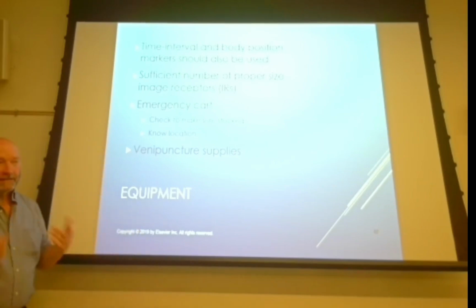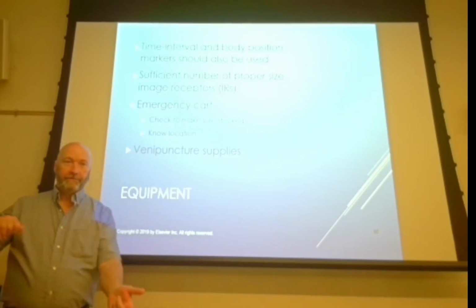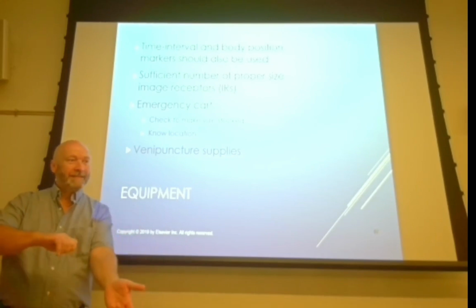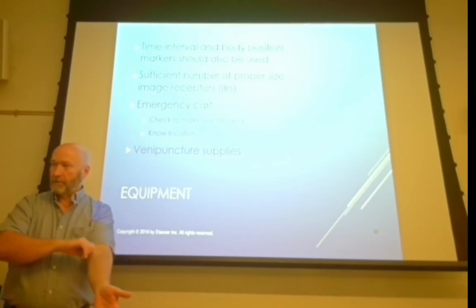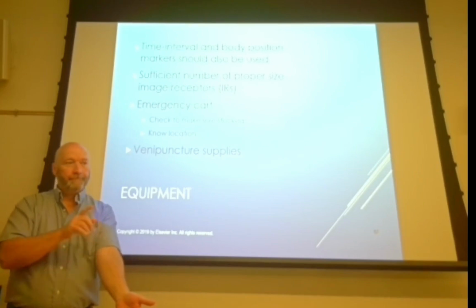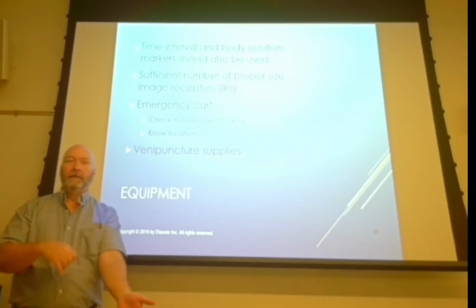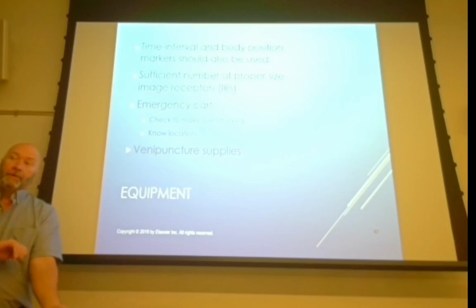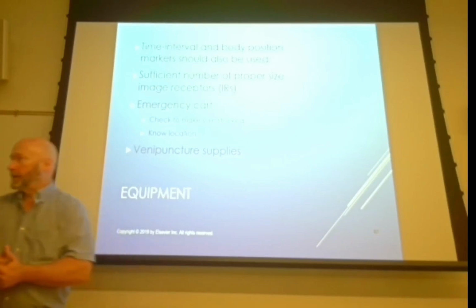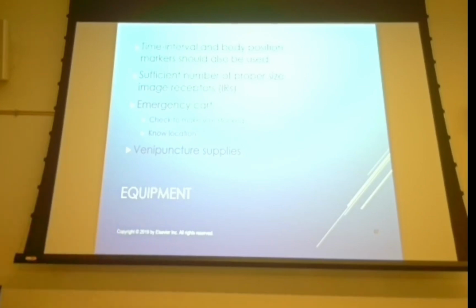I say it sounds counterintuitive because if the bevel is up, it would seem like as soon as you poke a hole, the patient's just going to spurt blood, and it's not going to happen, right? So you might think, well, if I put it down, then I'm good. But no, you want to put it up. So have all that available. Make sure that you've got alcohol available to wipe whatever it is you're injecting, whether it be the patient directly or the IV.